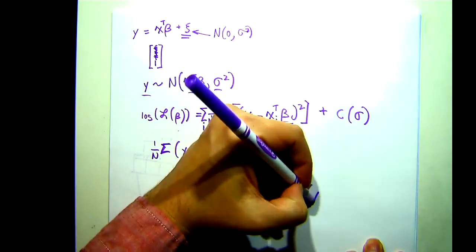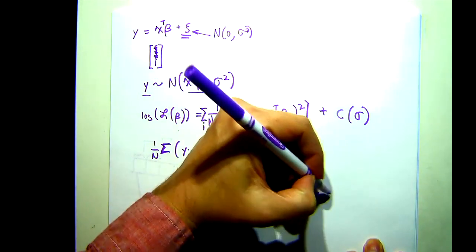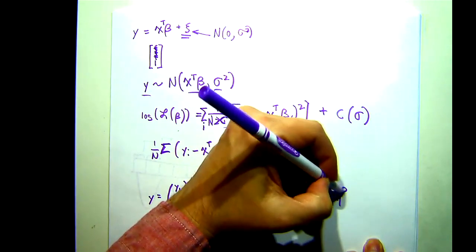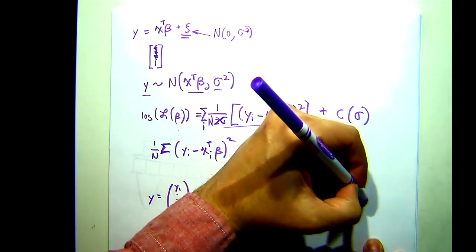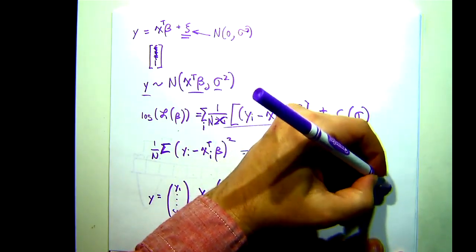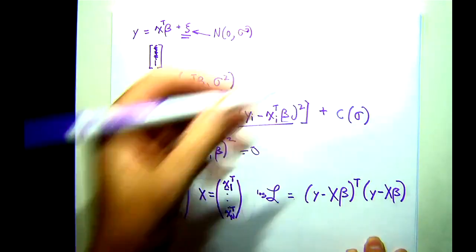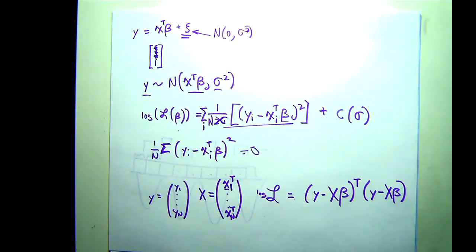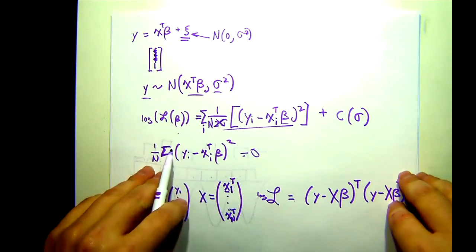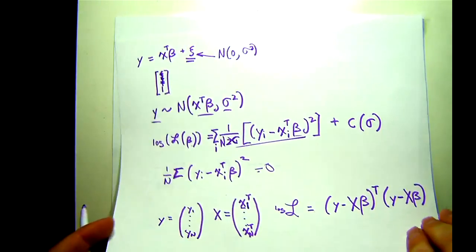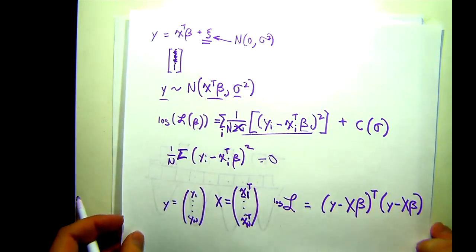It comes out to be y minus x beta transpose y minus x beta. So that basically gets rid of that summation when we convert it to the matrix form. And now we'll take the differential of this.